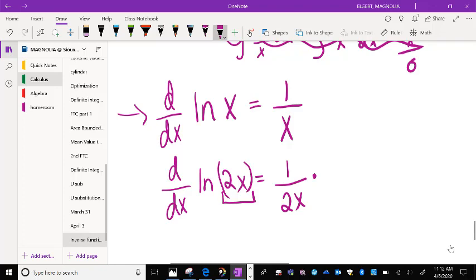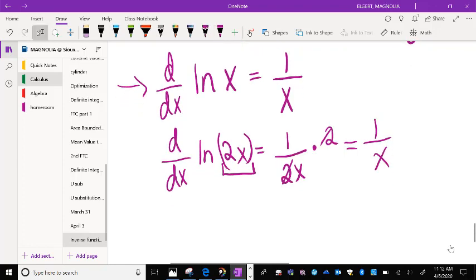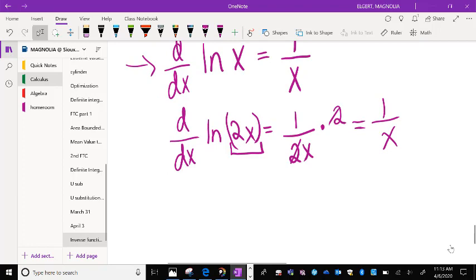So I have to use the chain rule a lot with these. What is the derivative of 2x? That's 2. Then you do a little cross canceling and you just get 1 over x. I could have done this a different way, by rewriting this as the natural log of 2 plus the natural log of x, and then doing the derivative, but I'll show you one like that in a second.